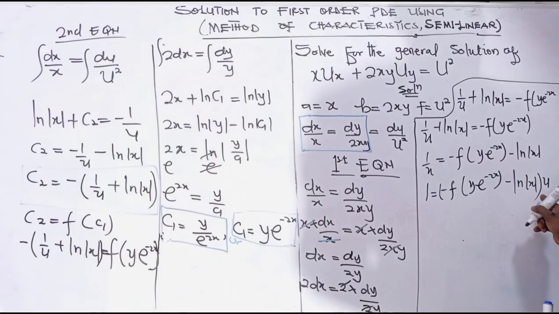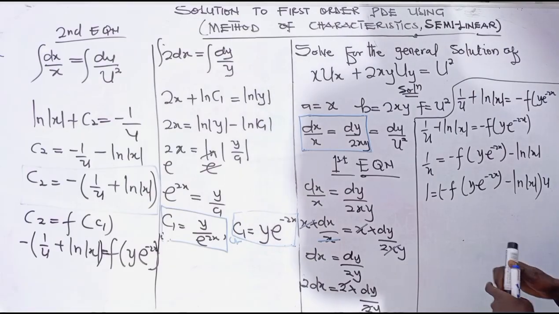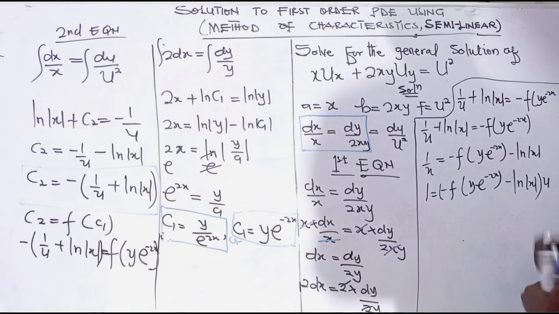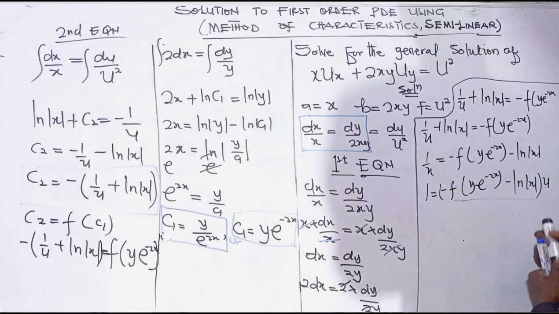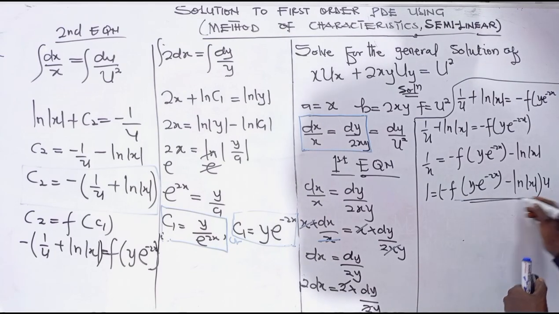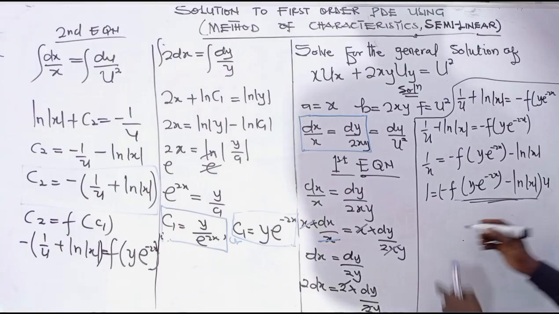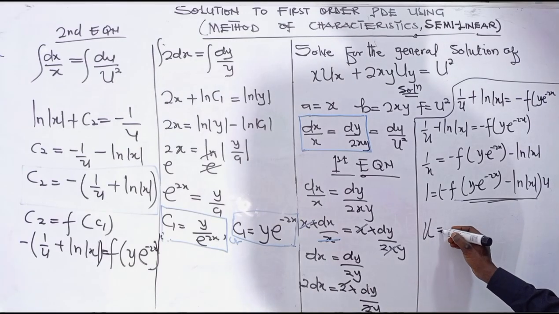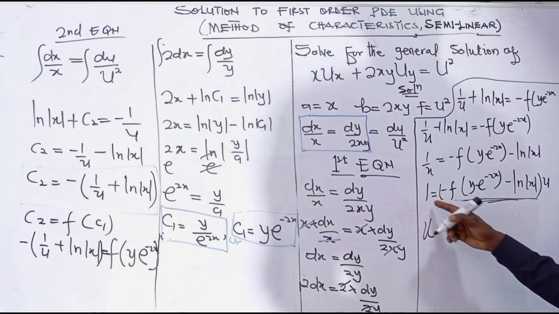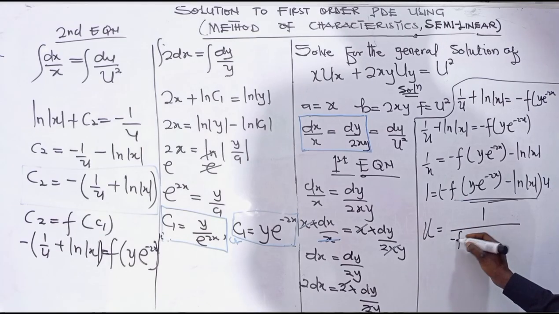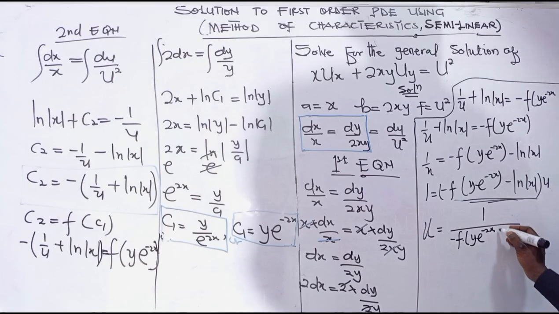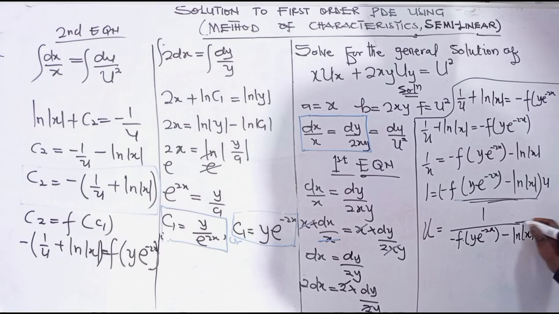Now once you have this, we divide both sides of the equation by this, so that we can make u the subject. And when we do that, we are going to have our u is equal to 1 all over minus a function of y exponent negative 2x minus ln x.